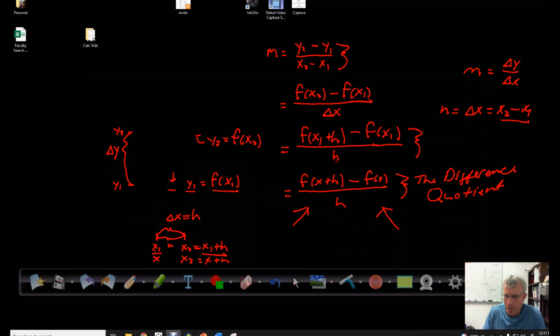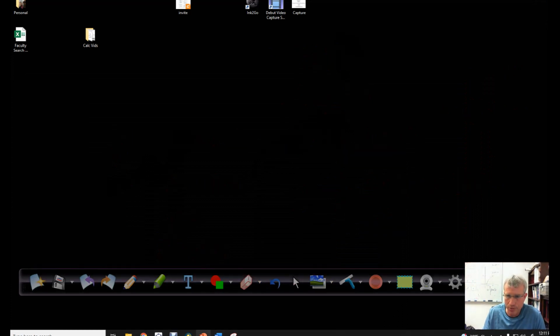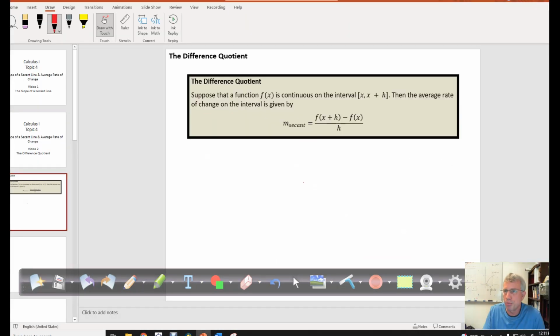So then the summary slide, I'll wipe all that out. The summary slide here is just to put all of that work into a nice little brown box. Suppose that we have a function that's continuous between two numbers, x sub 1 and x sub 2, on the x-axis, which we represent by x and x plus h, where h is the distance between x sub 2 and x sub 1.